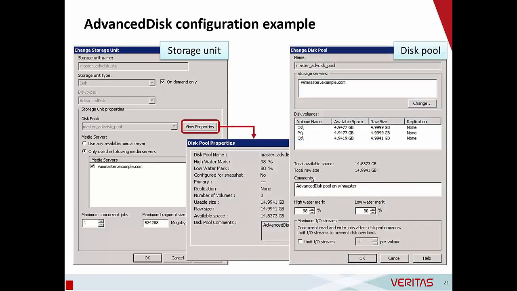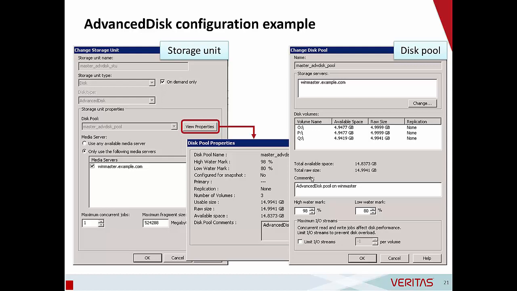Here's an example of an advanced disk storage unit that I have configured. You'll see that there is one media server associated with this, which will typically be the case with advanced disk. You'll see that the target is a disk pool, which I have created. And if you look at the disk pool properties, you can see the number of volumes and the total capacity of the pool.